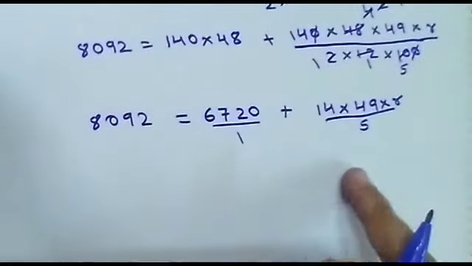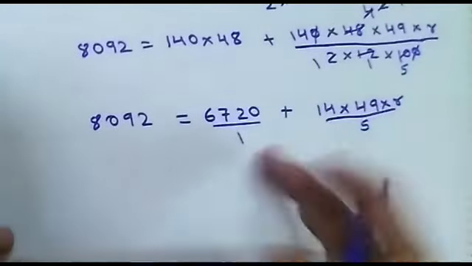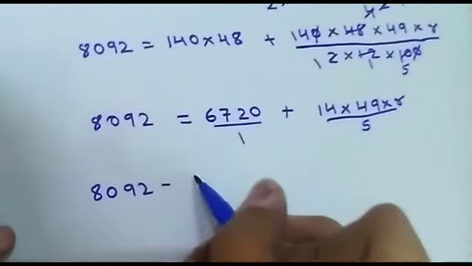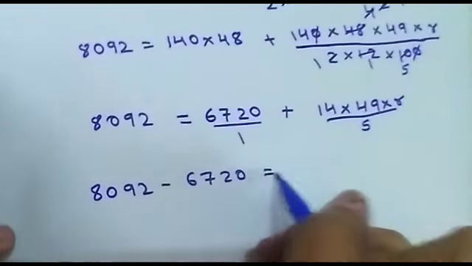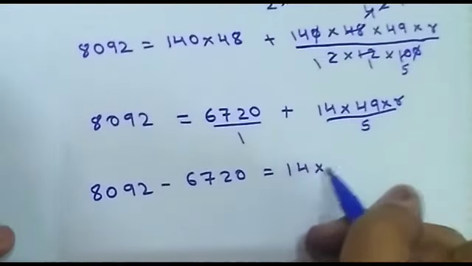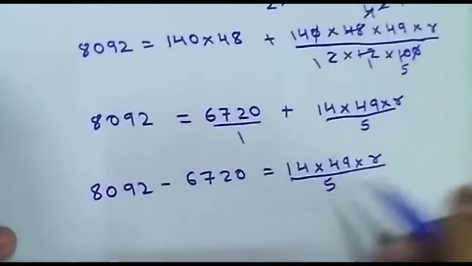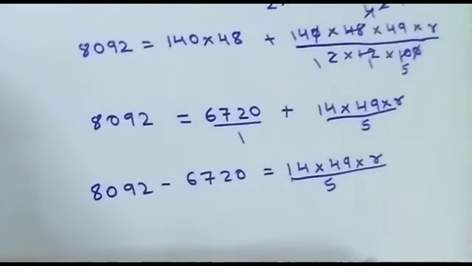So here it is 1, here is 5. So first we will subtract this. So 8092 minus 6720 is equal to 1372. Do not multiply here, because if you multiply this, it would become a big number, so then division would be a problem. So do not multiply, leave it as it is.